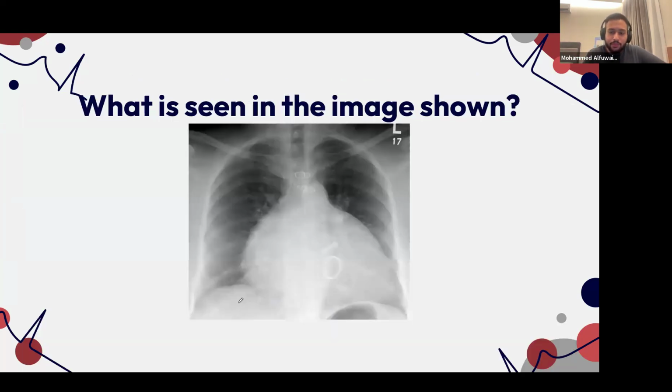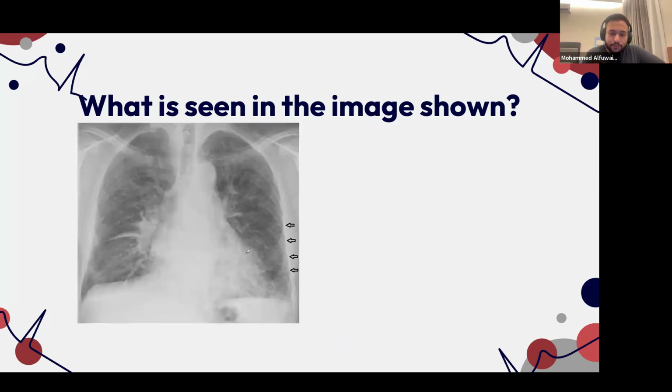Now, what is seen in this image? Very simple. This patient has heart failure. What can you see? Just a sign that you see. Yes, you can see cardiomegaly. Good.